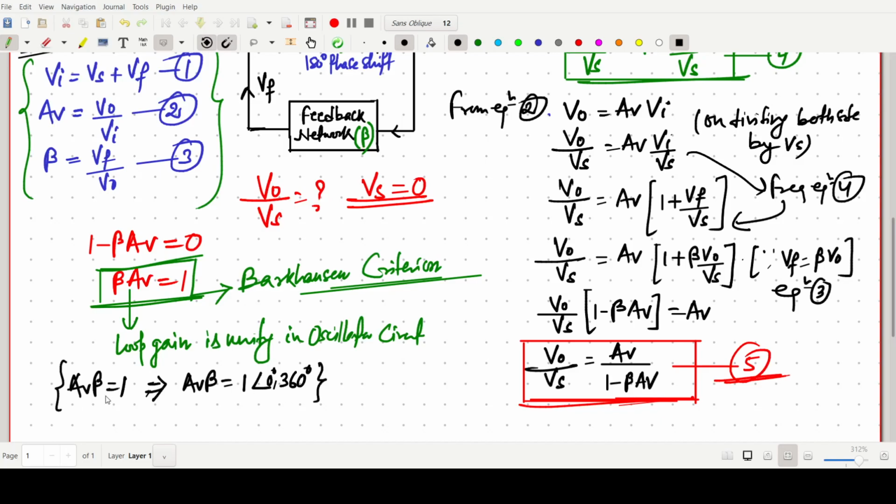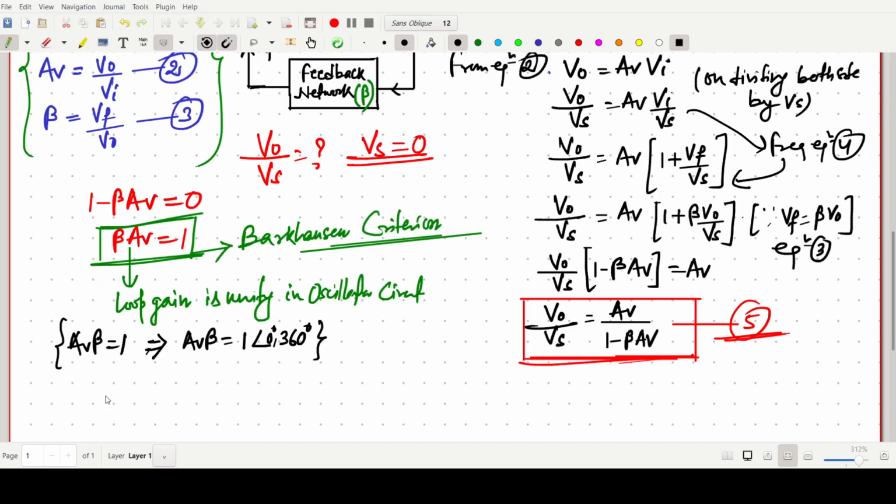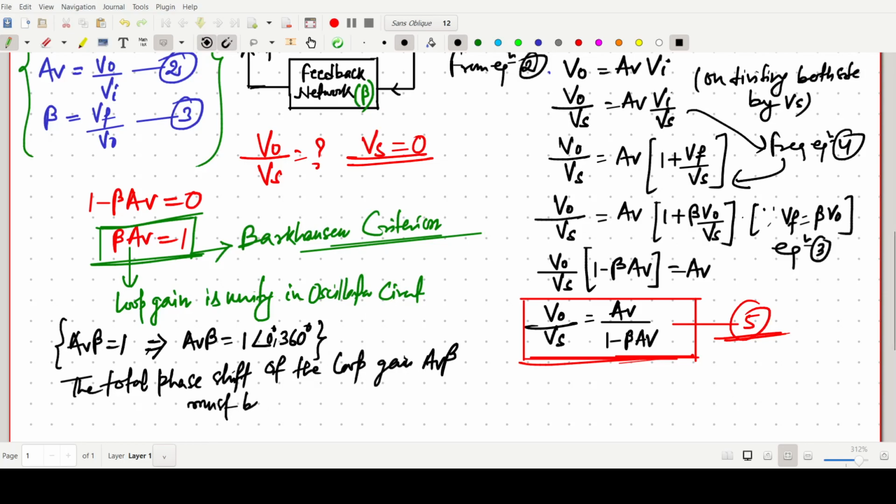What this equation tells us is that the total phase shift of the loop gain A beta must be equal to 0 degree or 360 degree.